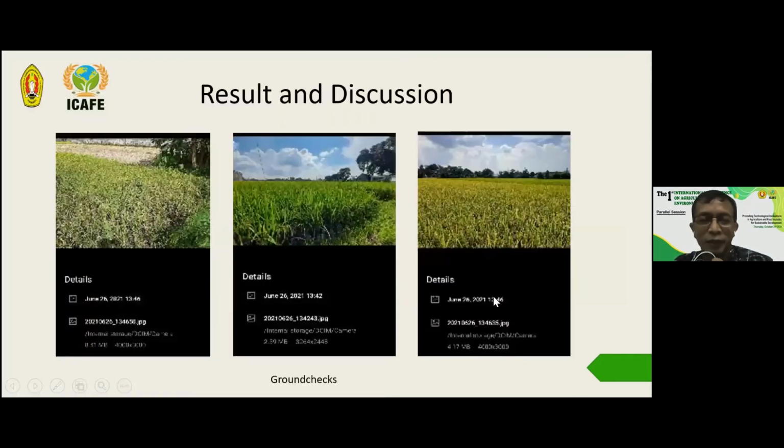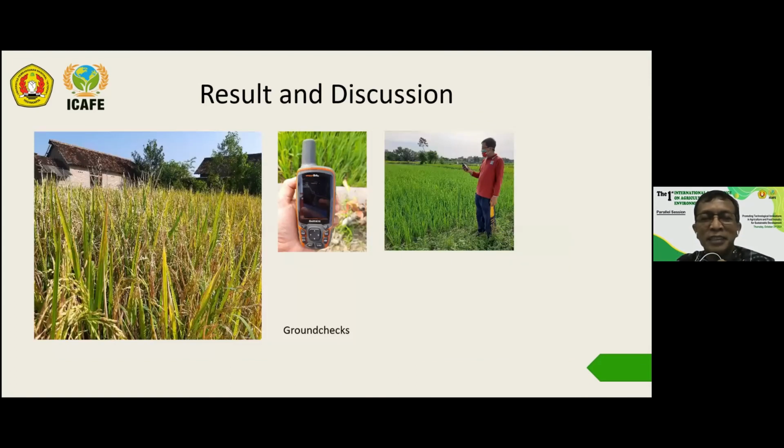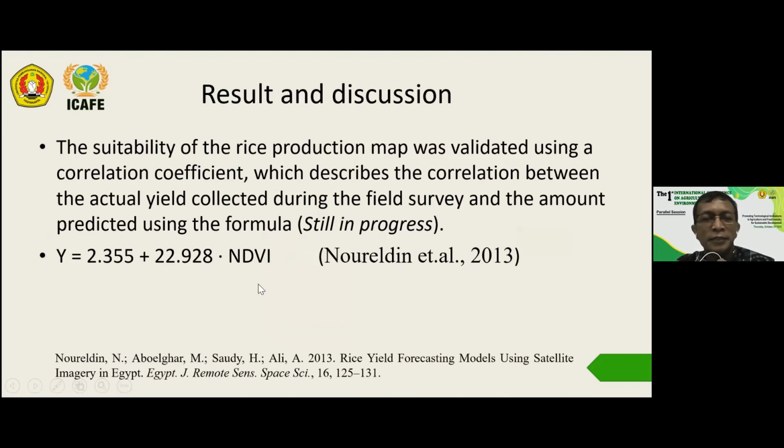Just to show the field check, we visited locations with different NDVI. You can see here this is still the vegetative phase of the rice, and this one is almost at harvesting.